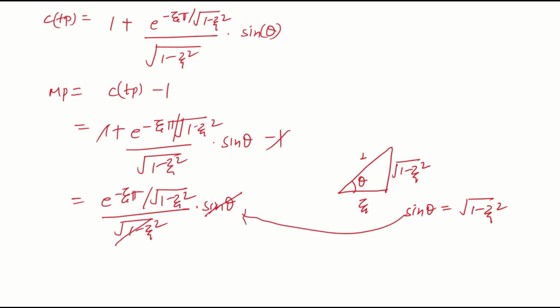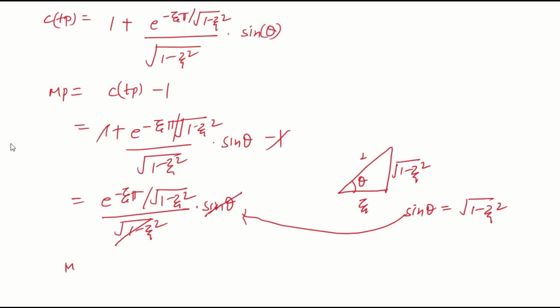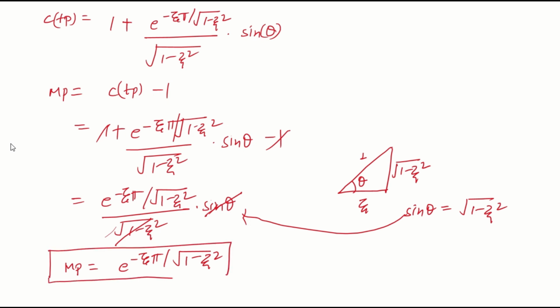So finally, the value of maximum overshoot comes out to be Mp is equal to e raised to power minus zeta pi divided by root 1 minus zeta square. So this is the value of Mp, or the maximum overshoot, for this underdamping case.